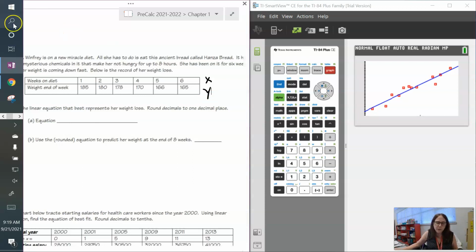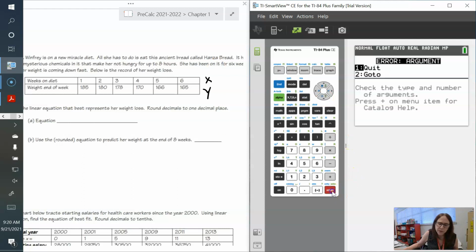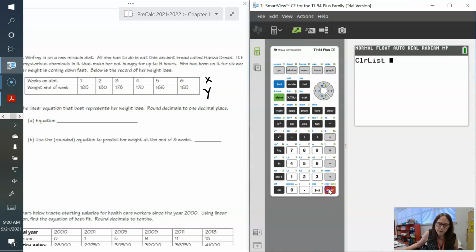So now let's go in. We're going to clear out all of our statistics stuff. I'm going to go to Stat, and we can actually clear the lists. There's a way to do that, but let's do it the old way.